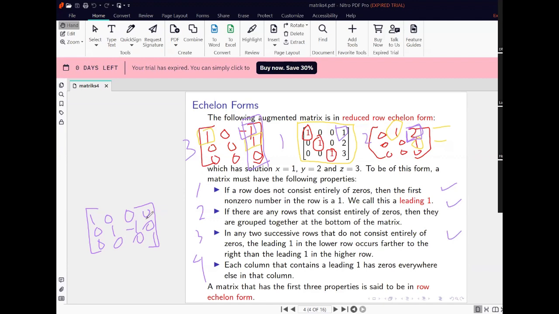You see this matrix? Does this matrix satisfy property number 1? If a row doesn't consist entirely of zeros, then the first non-zero number in the row is 1. What is your answer? Does it satisfy property number 1 for this matrix?